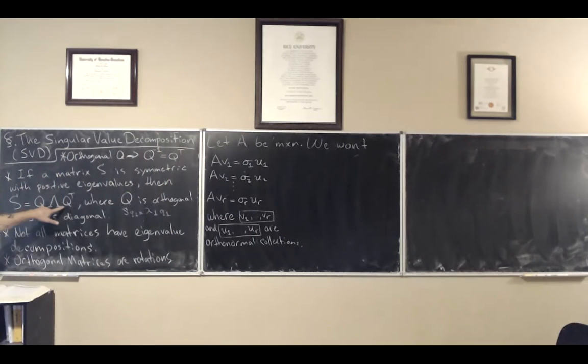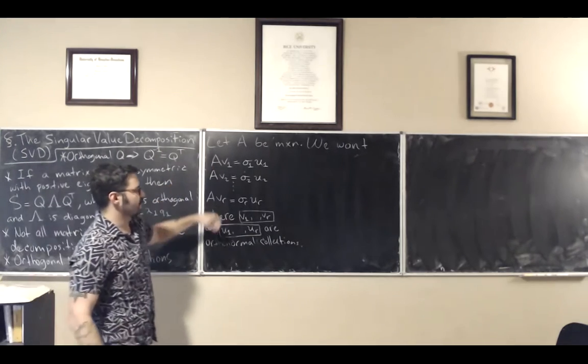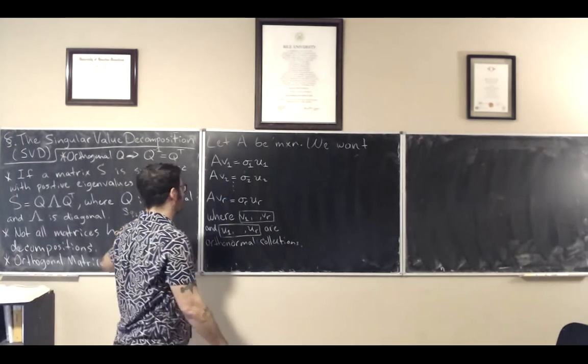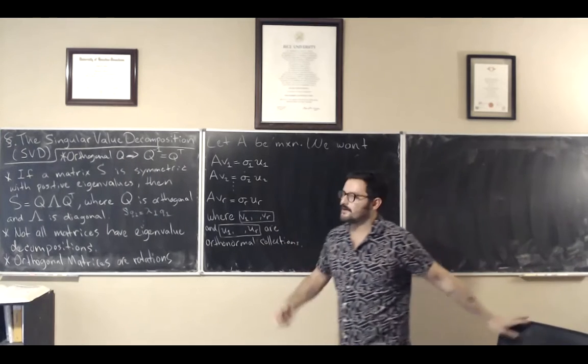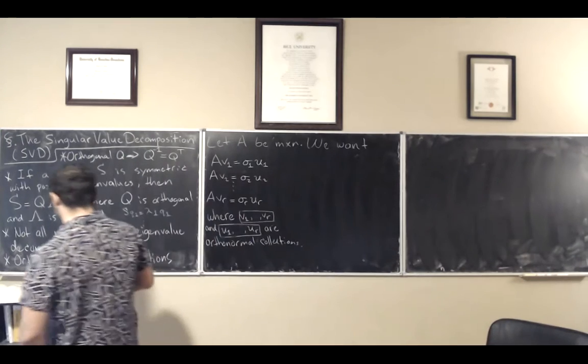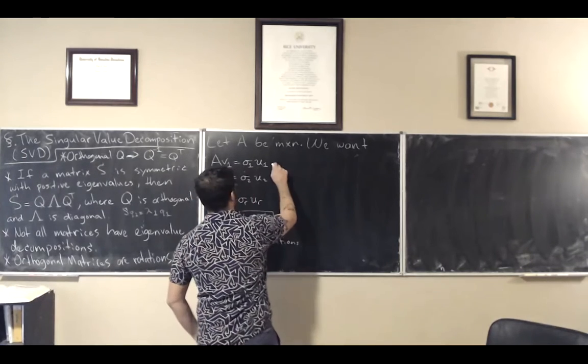So multiplying both sides by Q, I'll have SQ equal to Q lambda, which gives us a system of equations that looks like this. So we're trying to mimic that. We want to figure out if we can somehow factor A to mimic the eigenvalue decomposition that we discussed last time.